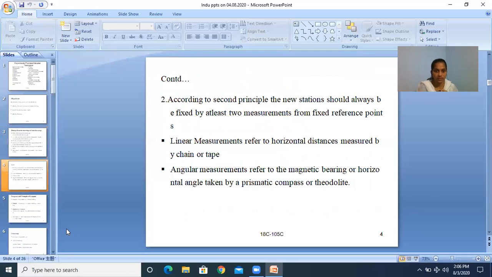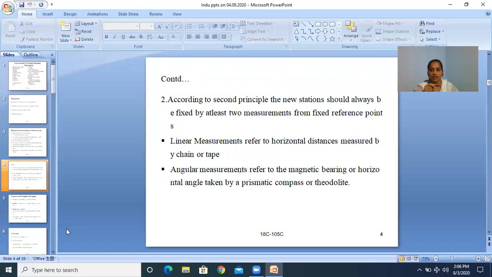Next, according to the second principle, the new stations should always be fixed by at least 2 measurements from fixed reference points. So what is the second fundamental principle of surveying?